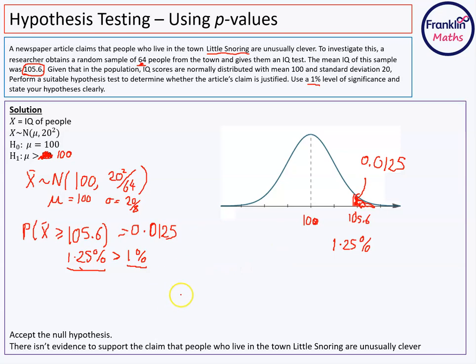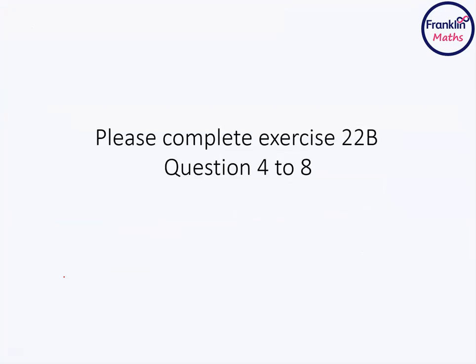So that's just comparing, that's just using the p-values. I prefer to use p-values. They are quicker. It'd be my preferred method unless I was forced into being asked the critical region, things like that. So what I'd like to do is combine everything we've done already. That's questions 4 to 8. They do get more difficult as you go down.